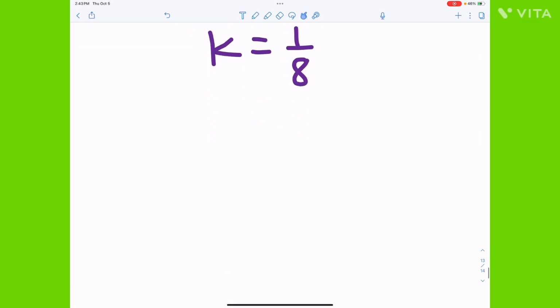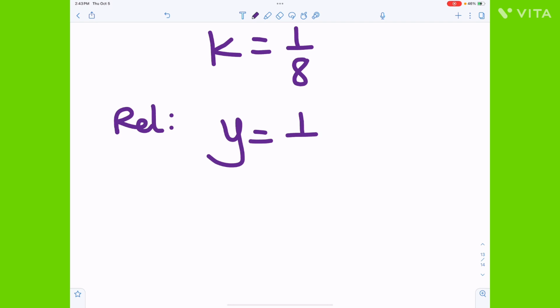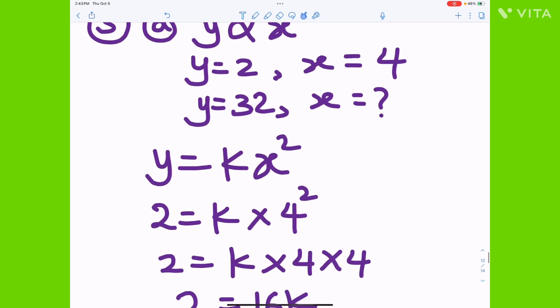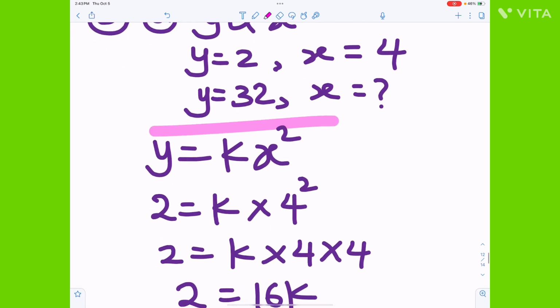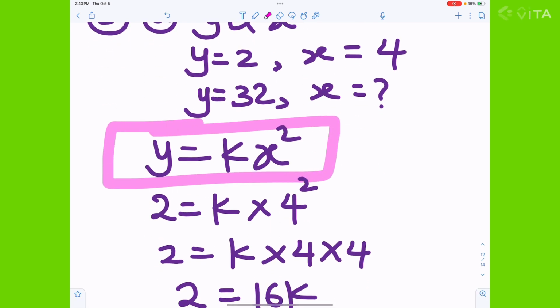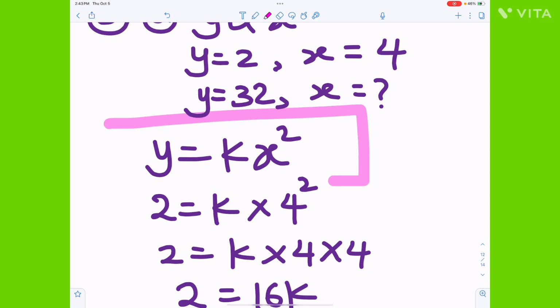I'll go back to my relationship. Normally, my relationship was y is equal to k times x squared.